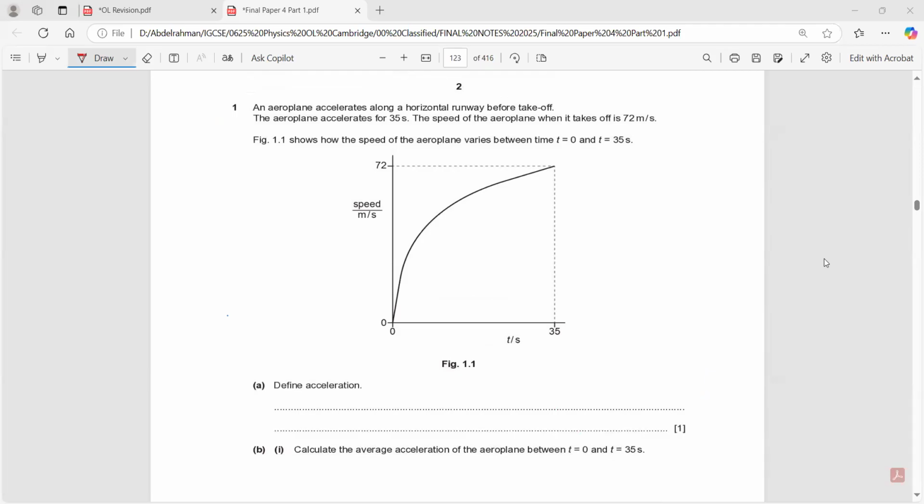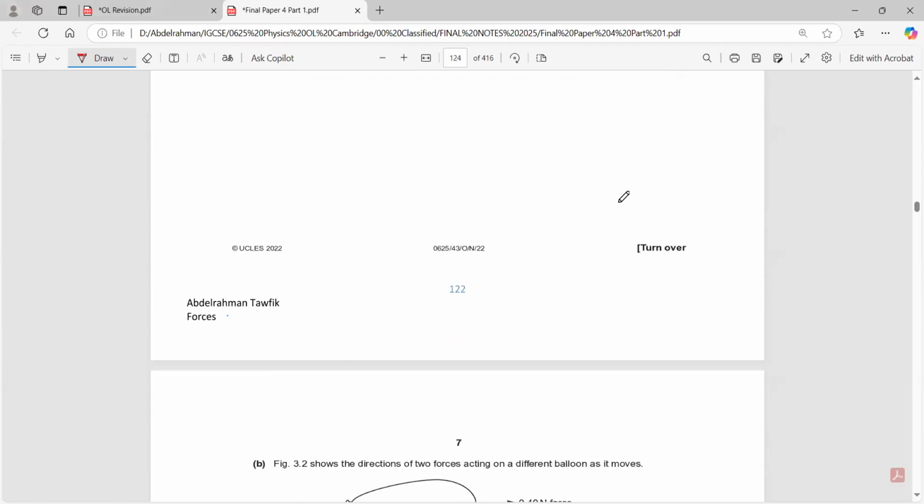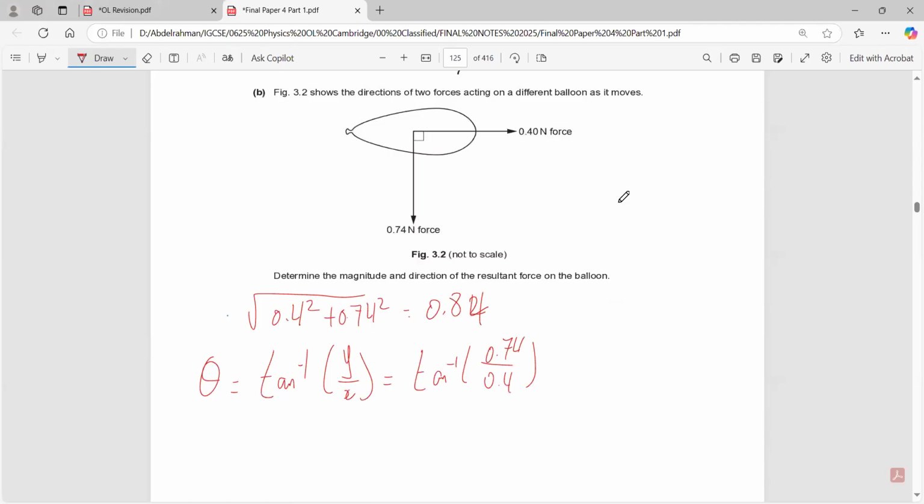Did I do a wrong calculation? It's opposite over adjacent, right? Yes, and the opposite is 0.4.